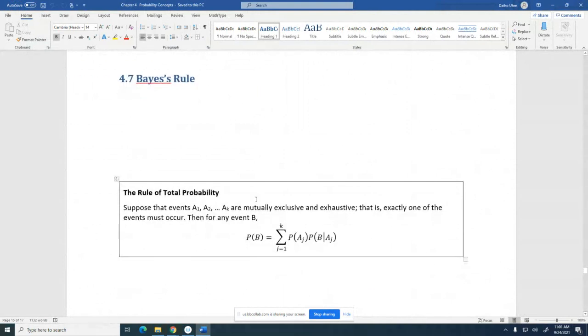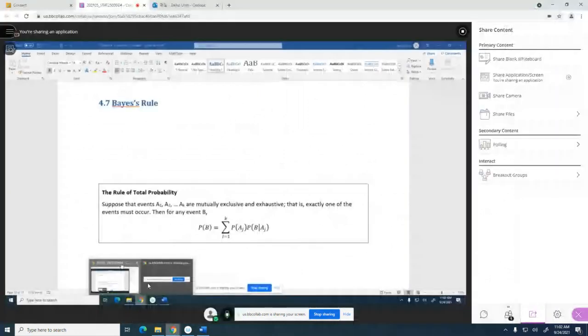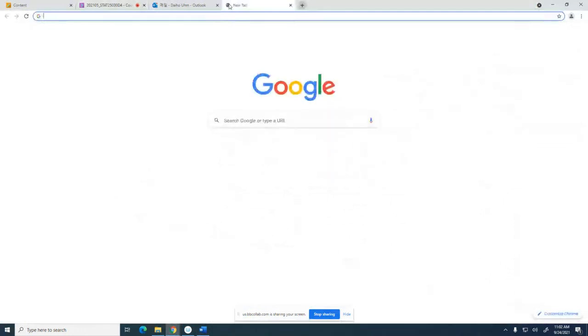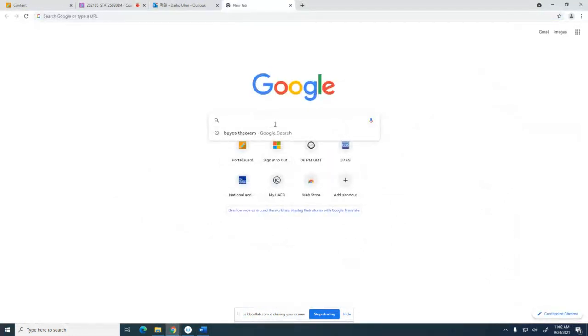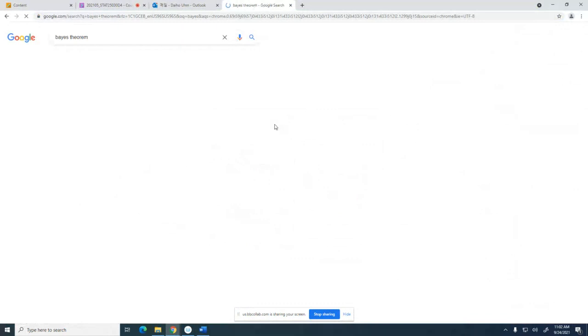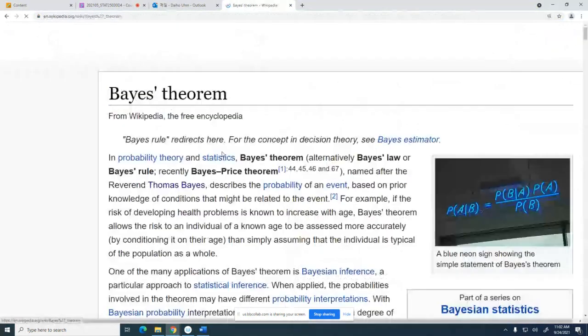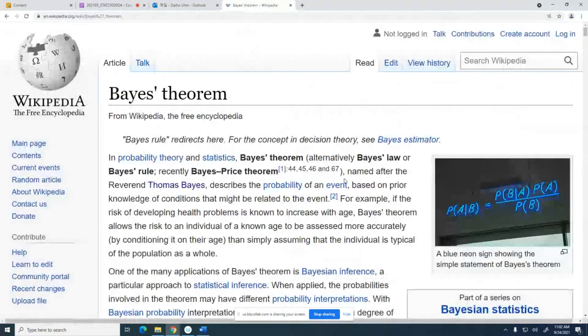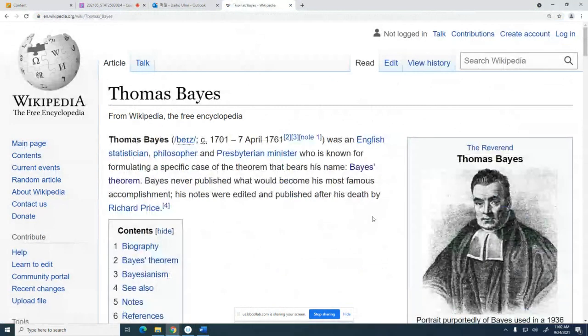Let me introduce to you who is Bayes. Okay, so let me Google Bayes. Yes, here. He is Thomas Bayes. He was born in 1701 and died at 60 years old.